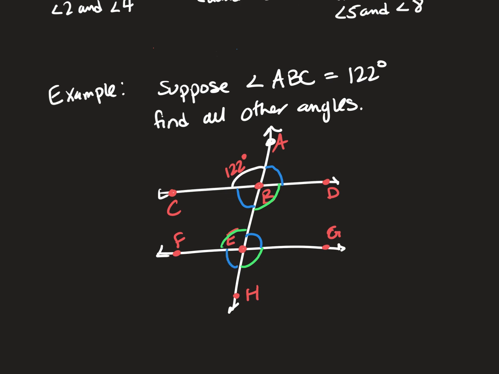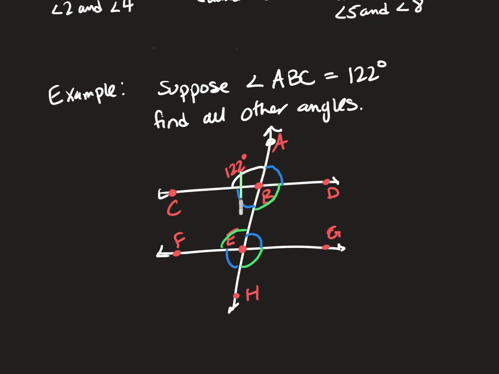So I know you guys don't have colors, but I did colors for a reason here. So we know that ABC, you can also call it CBA. But you can't call this angle angle B, because angle B represents this angle, this angle, this angle, this angle. We're talking about this specific angle, so you have to use 3 letters, CBA or ABC.